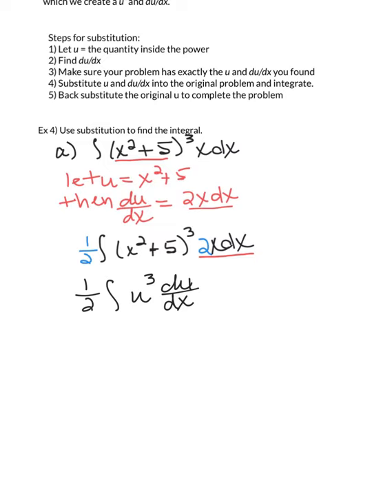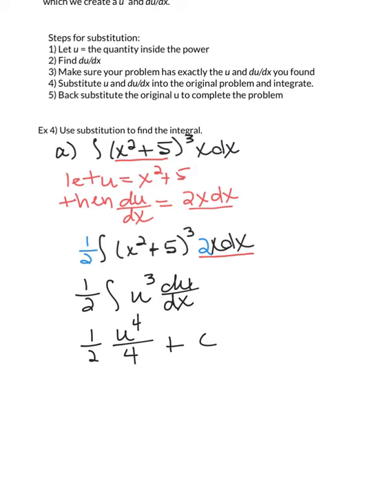Now I have a simple single term to do the integral for. So keep your 1/2. Do the power rule, where you add 1, put it over the new power, plus c.